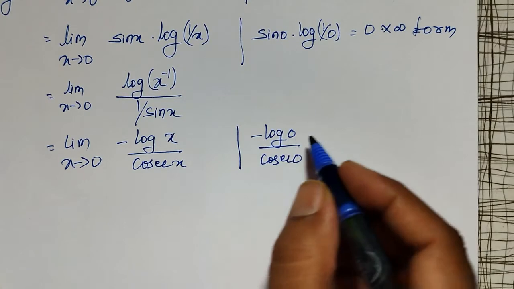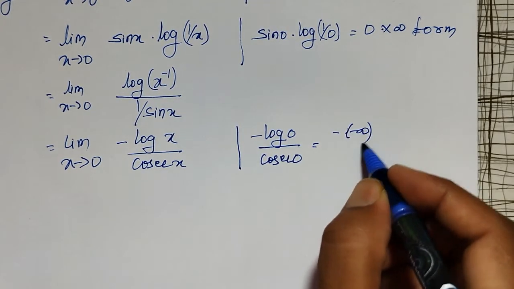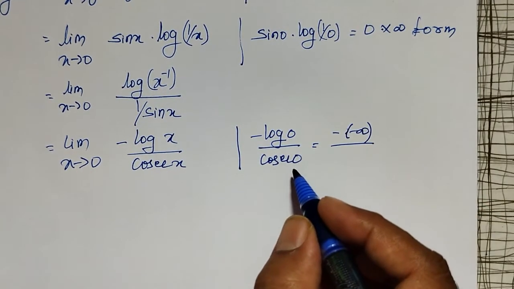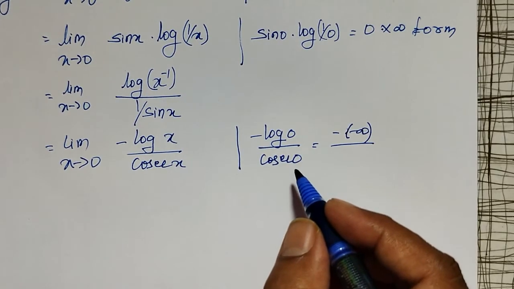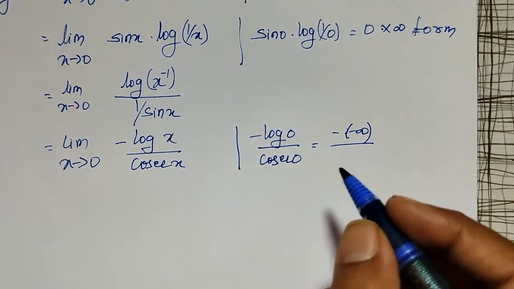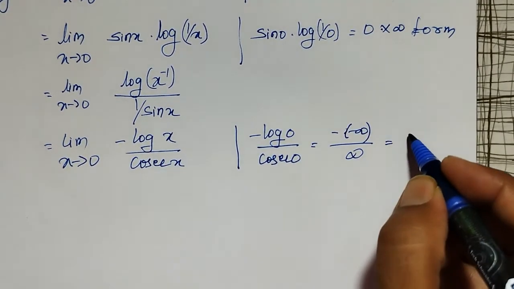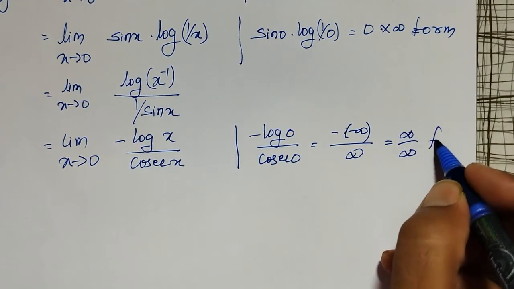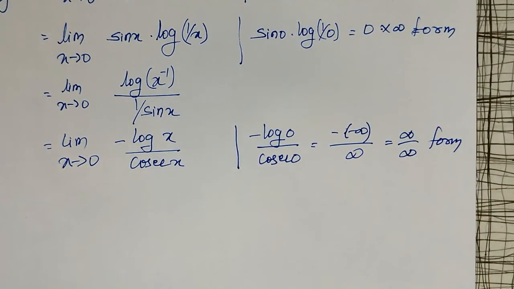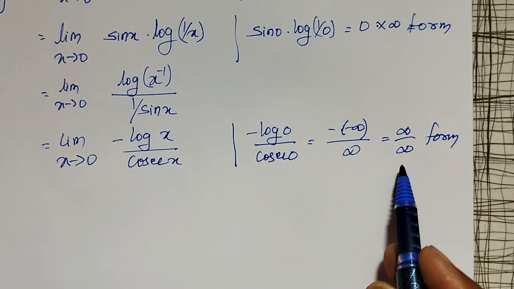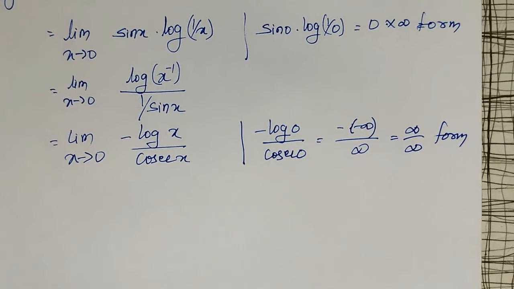Here minus log 0 is minus of minus infinity, and cosec 0 is 1 by sin 0. Sin 0 is 0 and 1 by 0 is nothing but infinity. Therefore, it is in the infinity by infinity form. As it is in the infinity by infinity form, I can apply L'Hospital rule now.